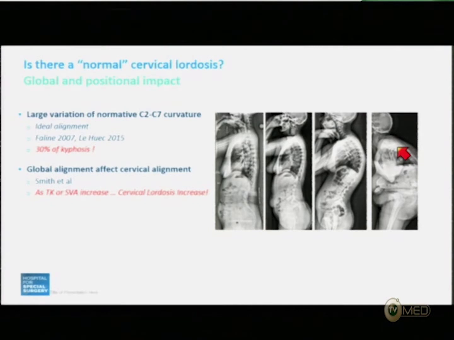As T1 tilts forward, what do you think is happening? Cervical lordosis is becoming more and more pronounced. So if you take an X-ray of the cervical spine and you have a beautiful cervical lordosis, there's probably something going on below. So you need to understand why T1 is so steep.